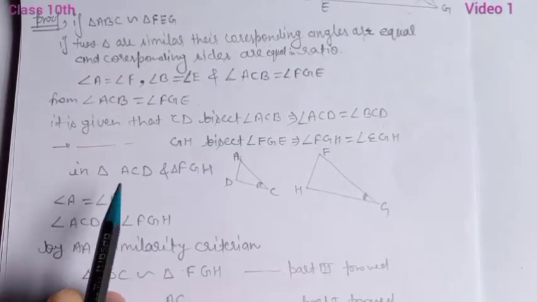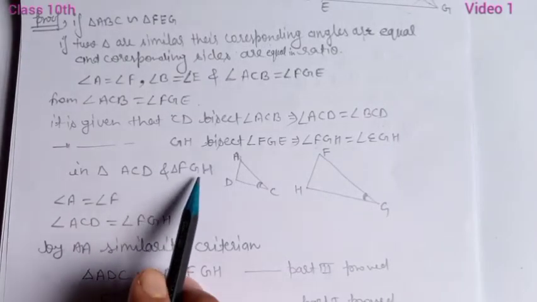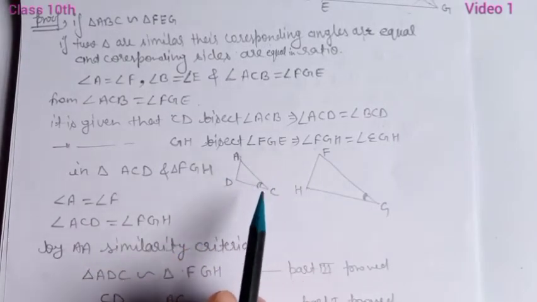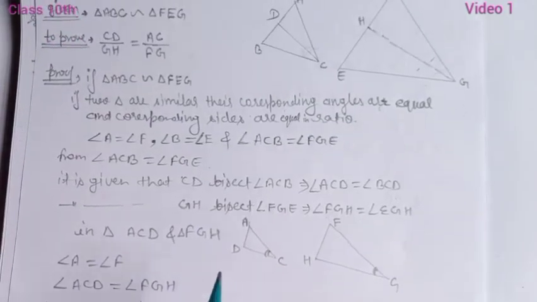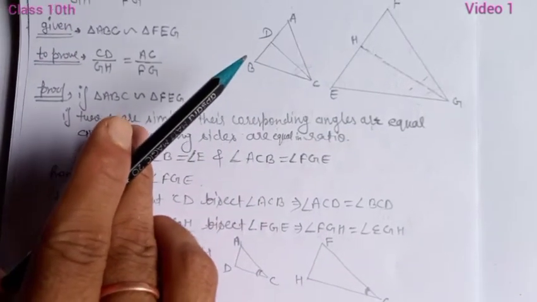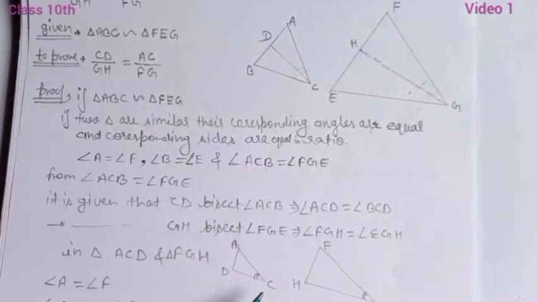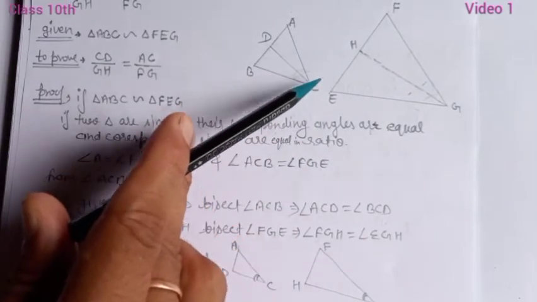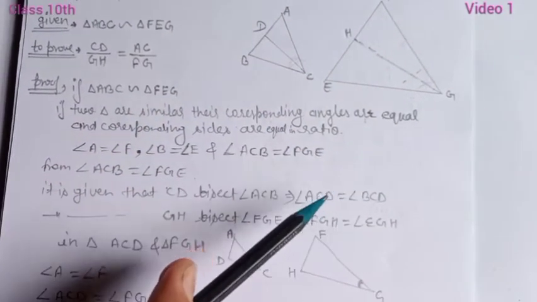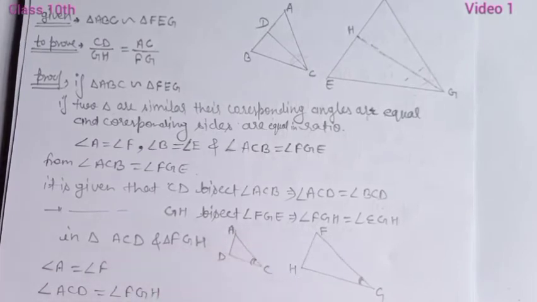So in triangle ACD and triangle FGH, the same copy of this triangle is drawn here. You can see ADC, and another is FHG.